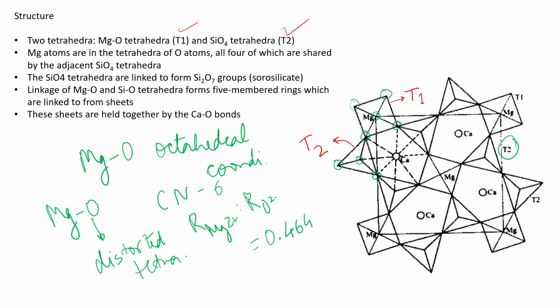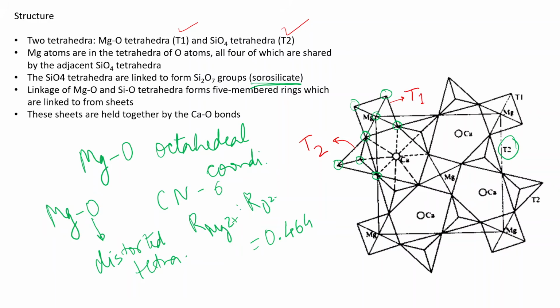I will discuss it in the next slide by drawing it. Further, since it is a sorosilicate, the SiO4 tetrahedra are linked together to form the Si2O7 groups.